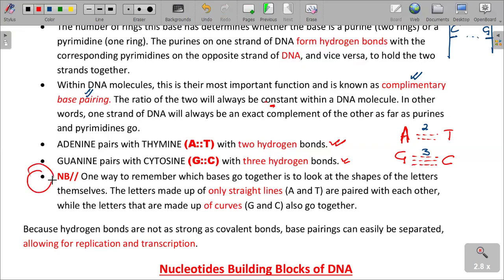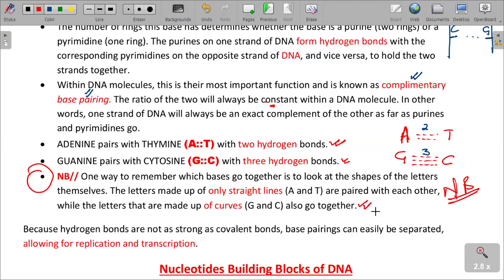As you can see, the letters made of only straight lines, A and T, are paired with each other. Class, take note of this. Letters that are made only with straight lines, A and T, are paired with each other, while the letters that are made up of curves, G and C, also go together.